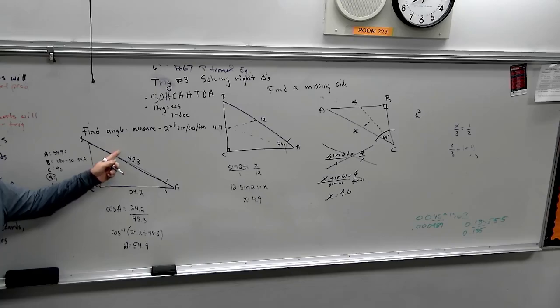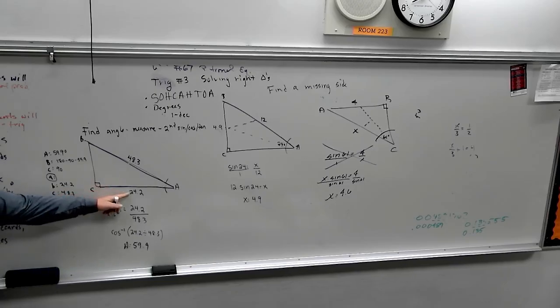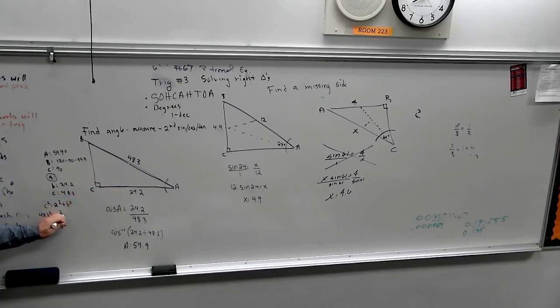If you know two sides of a triangle, I would do the Pythagorean theorem. If I know two sides of a triangle, I could say c squared equals a squared plus b squared. I know my c, 48.3. I know little b, so I don't know a.